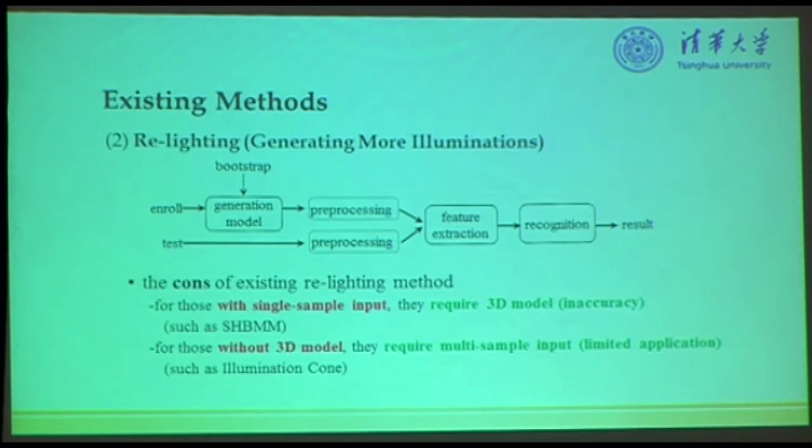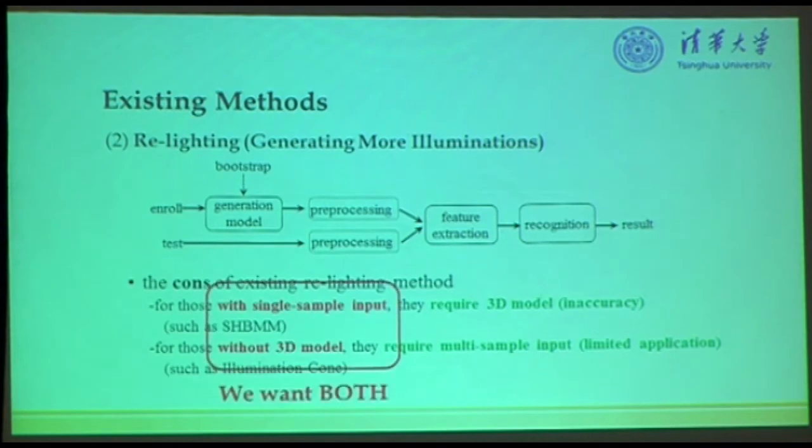But the disadvantage of the existing relighting methods is that those methods with a single sample as input always require 3D models or estimating 3D models, which would bring inaccuracy, such as the morphable face. Then those methods that don't need 3D models must require multiple samples as input, which will limit their application, such as the illumination cone method.